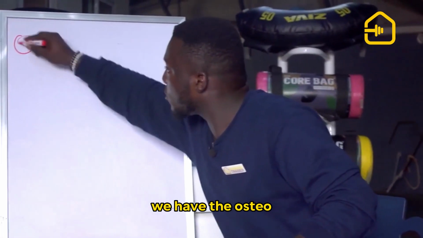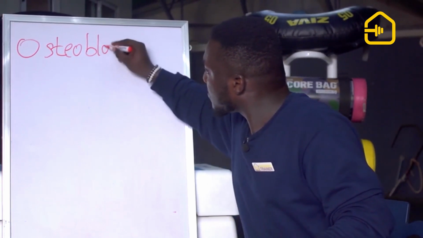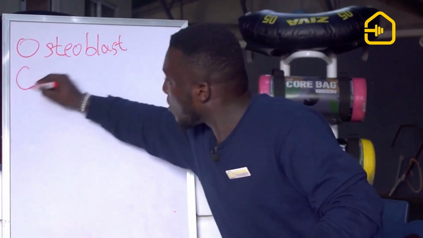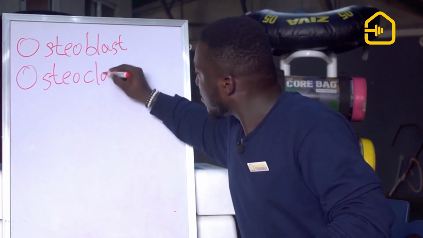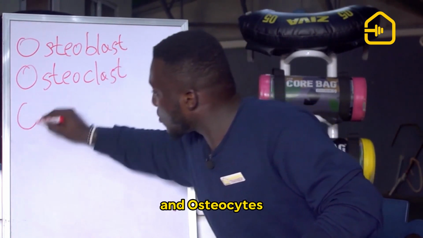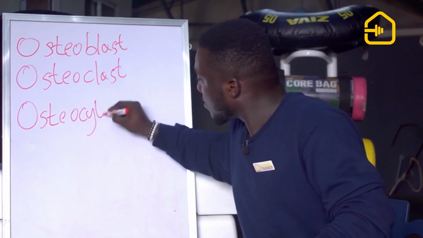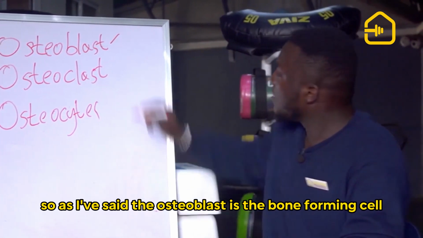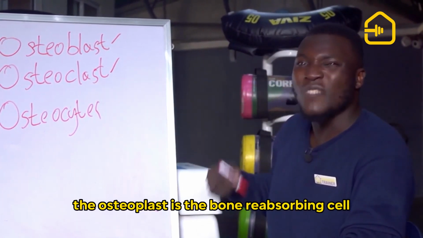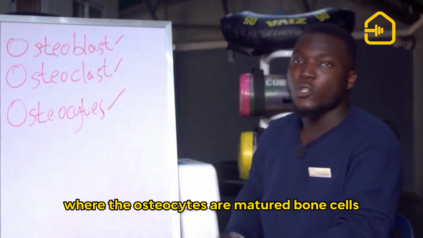We have the osteoblasts, osteoclasts, and osteocytes. So as I've said, the osteoblast is the bone forming cell. The osteoclast is the bone reabsorbing cell, while the osteocytes are matured bone cells.